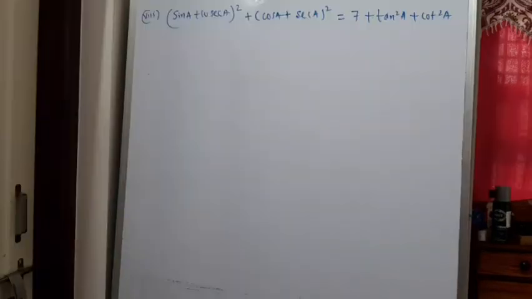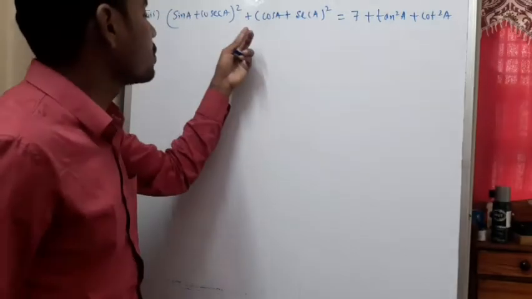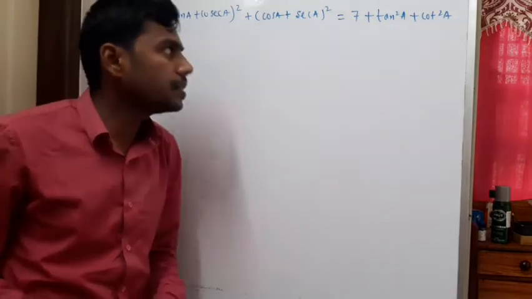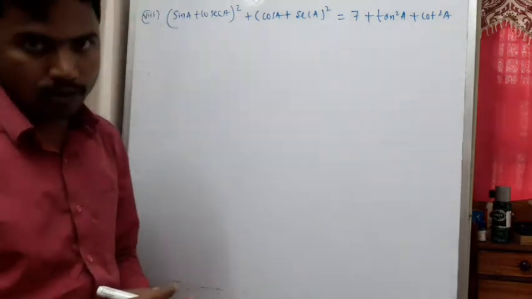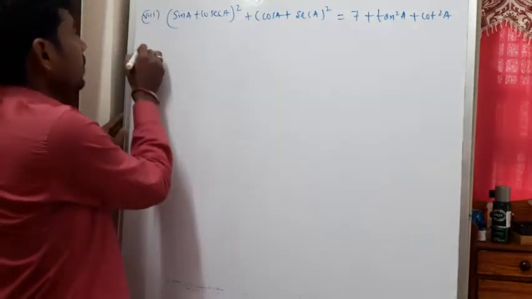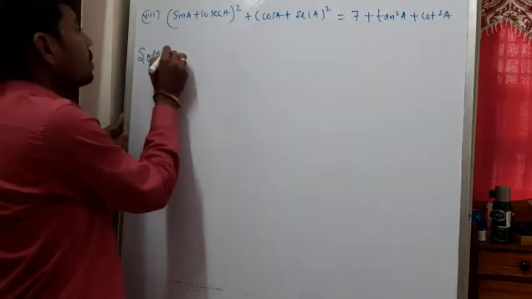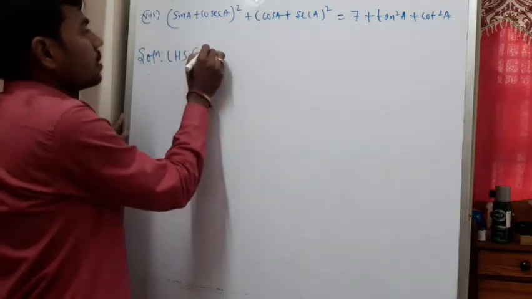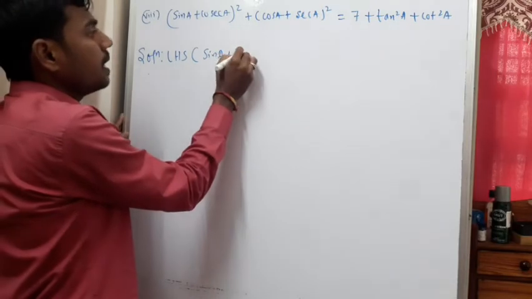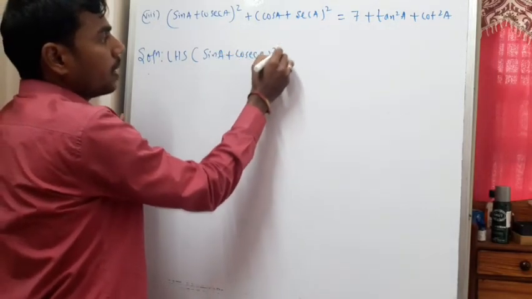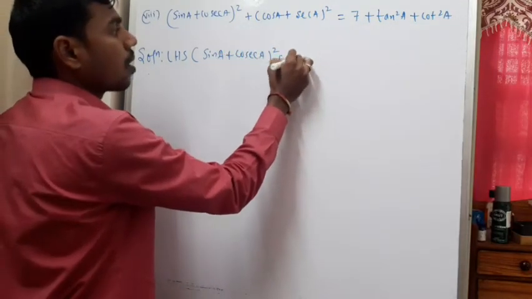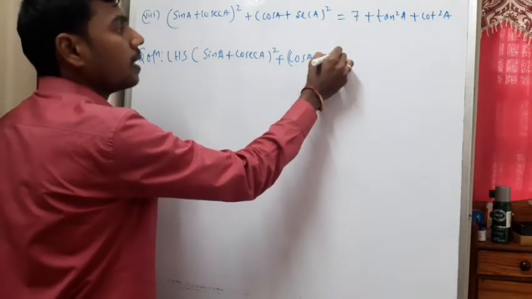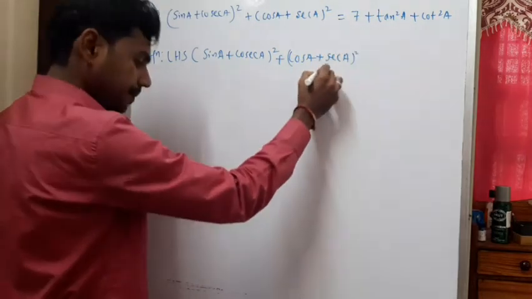Eighth question. (Sin A plus cosecant A) whole square plus (cos A plus secant A) whole square is equal to 7 plus tan square A plus cot square A. We need to prove. So for that we need to consider LHS first. So LHS is (sin A plus cosecant A) whole square plus (cos A plus secant A) whole square. Fine.